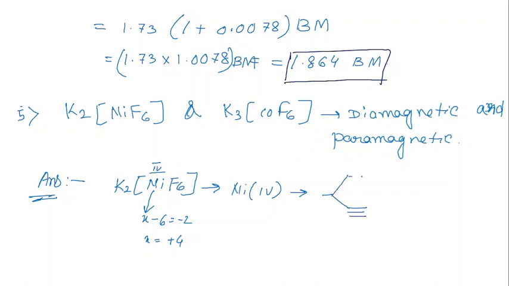High spin, low spin, understandable, or should I tell you again? What I want to say is, 6 fluoride is there and nickel is in +4 oxidation state. Crystal field theory, did you learn those things?